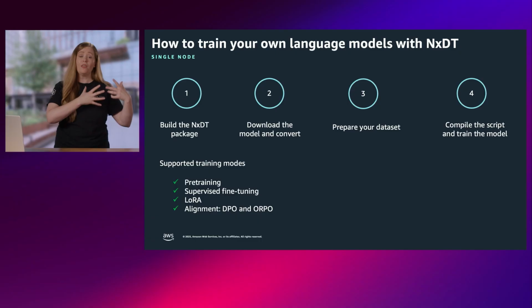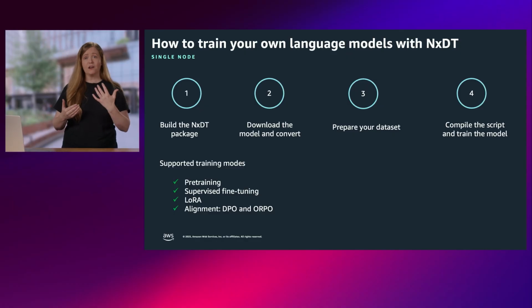That's step one. Step two is downloading the model. So you can download the model from the Hugging Face Hub, for example, and you'll actually convert that model to operate within the constructs of NxDT. And again, we have pre-built modules that you can use in order to do that conversion. Step three is to prepare your data set.